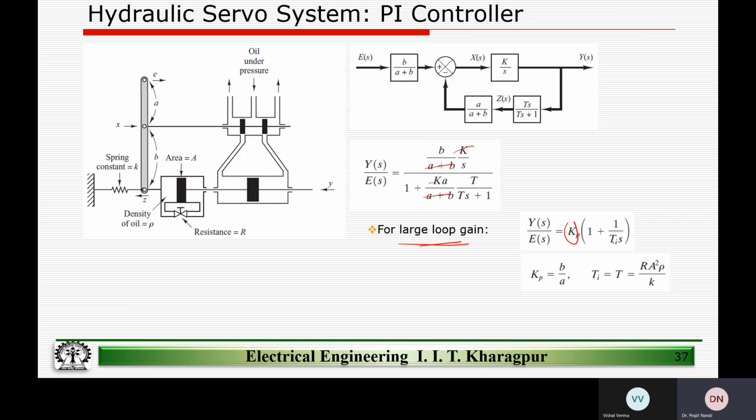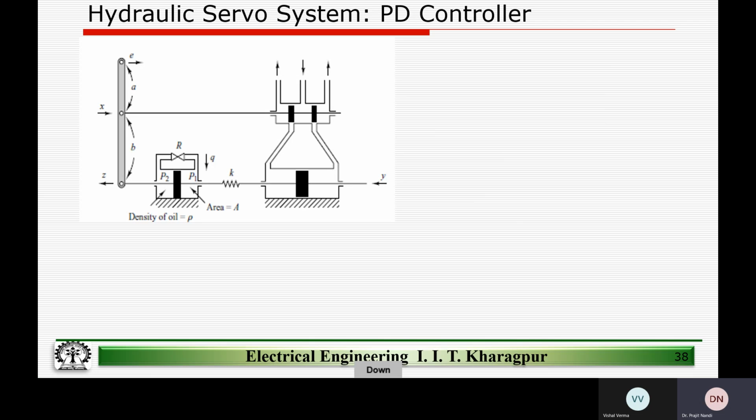Then you can rearrange this and see that the time constant associated with the integrator will be given by R A square rho and K. So this is a PD controller. So let's talk of a PD controller.